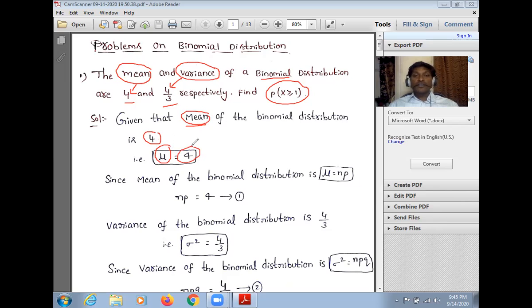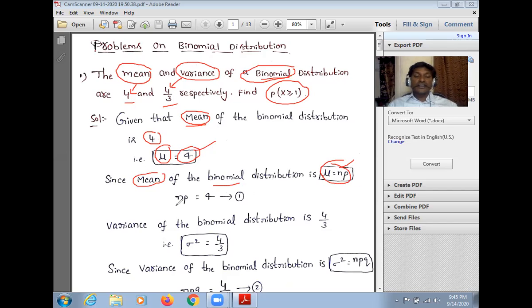Next, the actual mean of the binomial distribution, which we already proved, is mu equal to np. From these two, on the left side we have mu in both, so we equate the right hand terms: here 4 and here np.